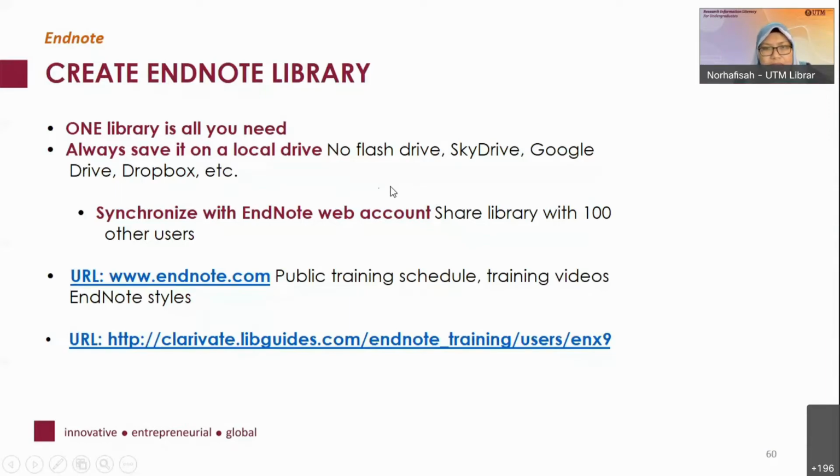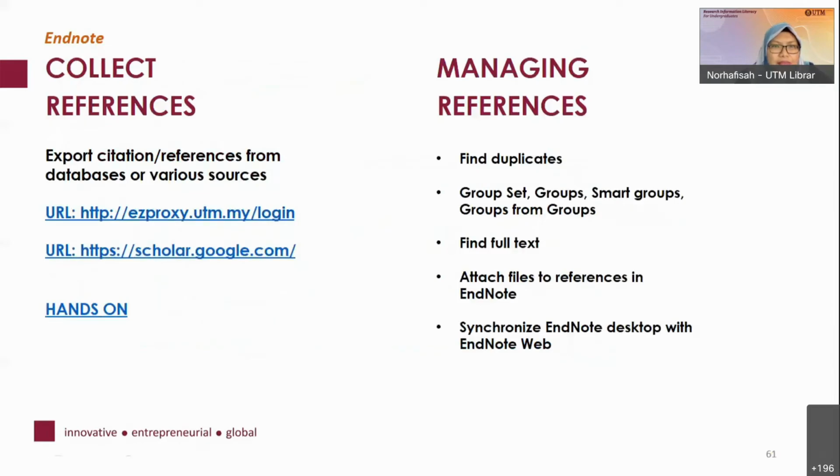No flash drive, no Google Drive, and so on. EndNote can synchronize with an EndNote web account and can be shared with 100 other users. From EndNote, you can collect references.